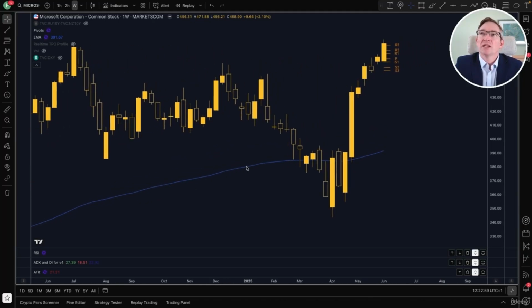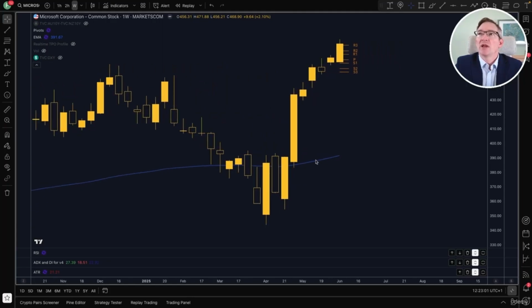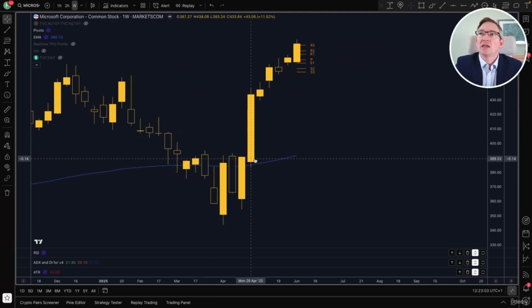Now, the way it's calculated, what it shows you, if you take a single candlestick, let's take this bullish candlestick. The open is the first price of the period. That's the bottom of the body of the candlestick. The close is the closing price. That's the last price of that candlestick for that day's trading. The high is the top of that wick, and the low is the bottom of the wick.